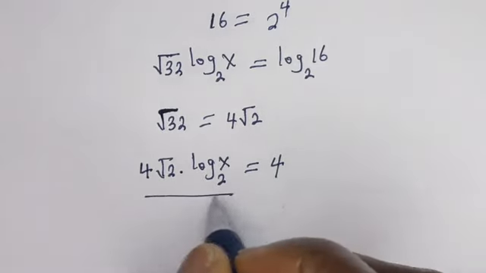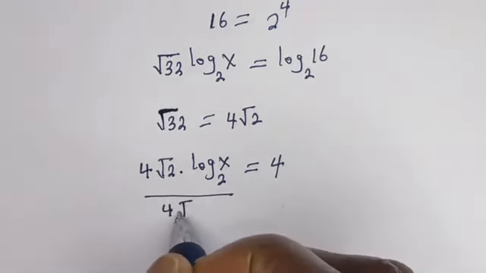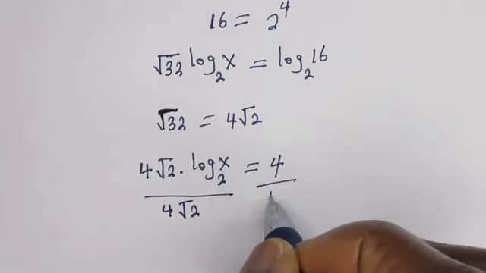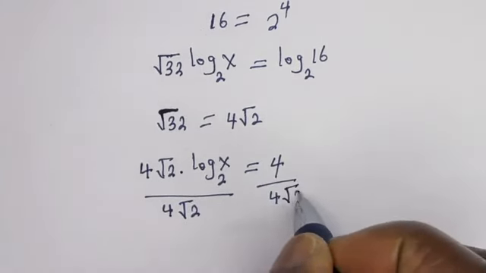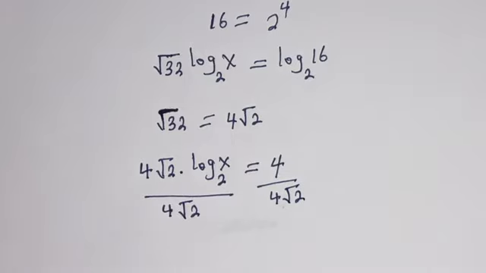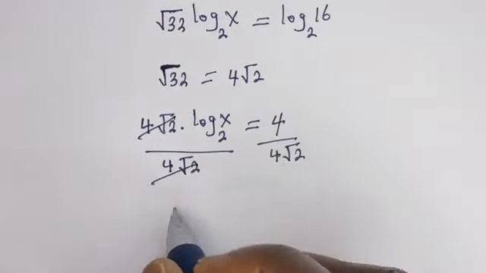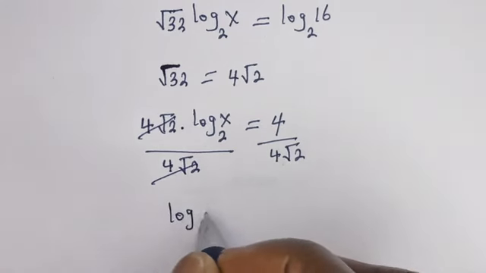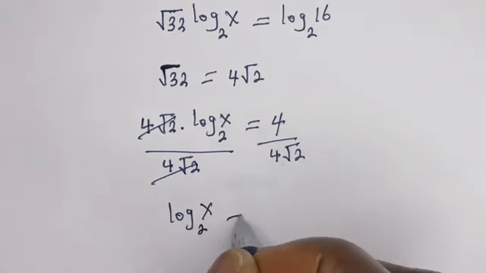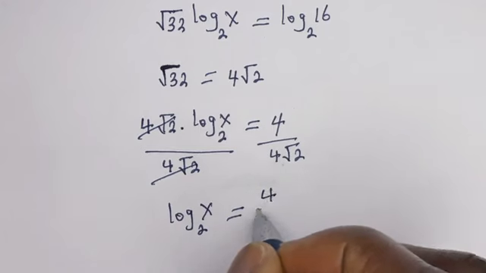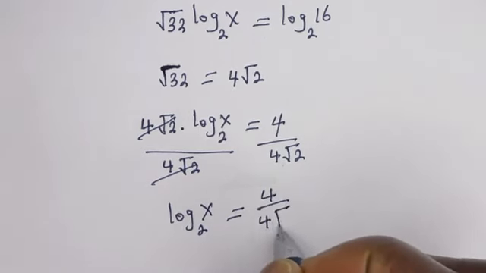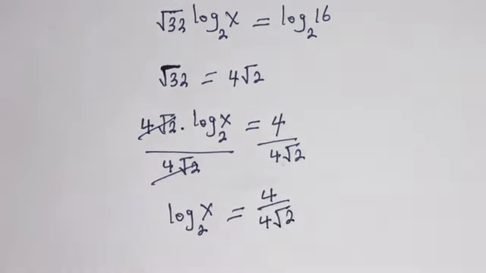This divided by 4 root 2, and this divided by 4 root 2. This, we cancel this. We have log s base 2 is equal to 4 divided by 4 root 2.